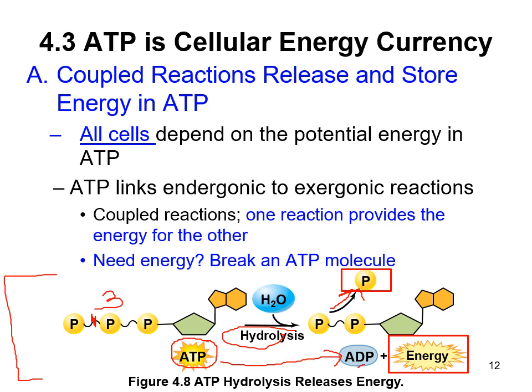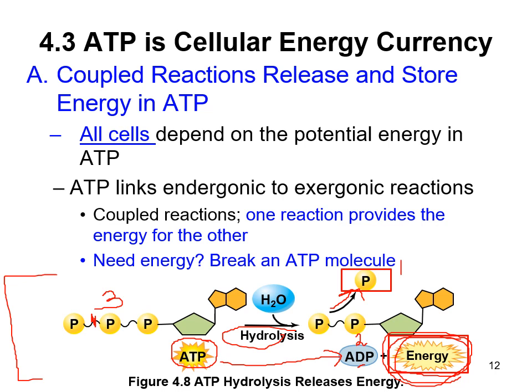D stands for di, which means it now only has two. Notice how the ADP molecule doesn't have a sunburst around it because it's not charged. That is because when you remove that one phosphate and leave the ADP molecule, you also released the energy that was being housed inside of the ATP molecule.